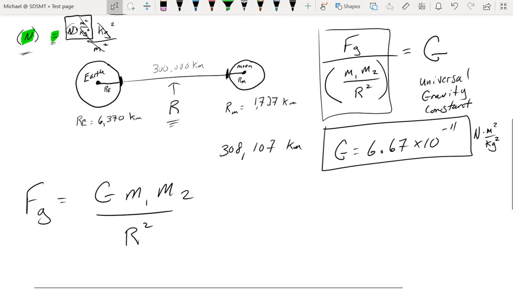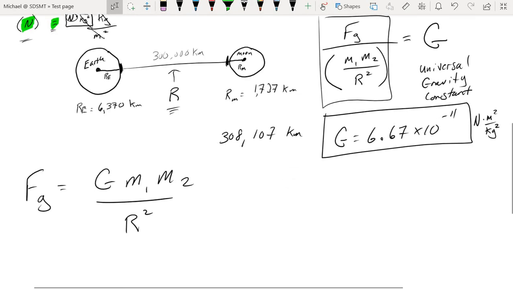Now, if we were to not include that center to center separation, in other words, if we were to just use the 300,000 kilometers, we would only be off by about 2.7%. So that would roughly be the margin of error, 2.7%.